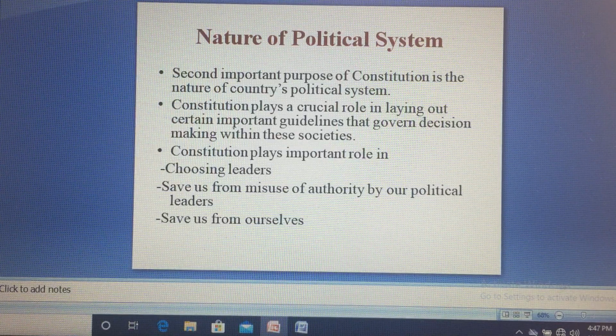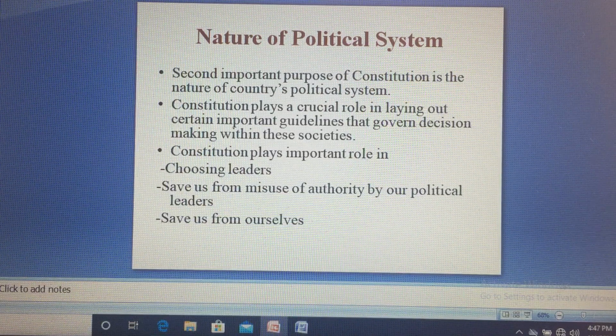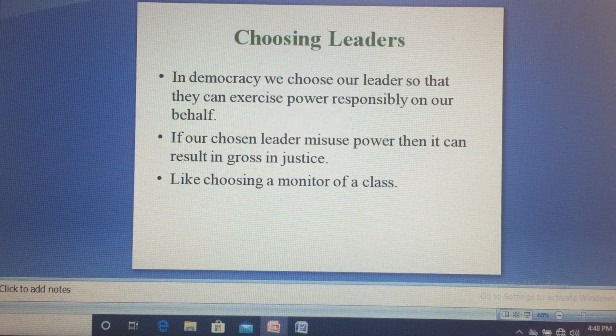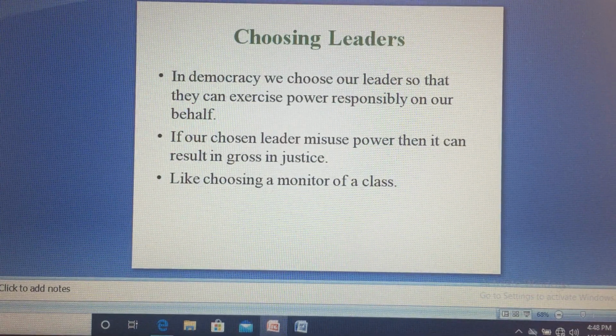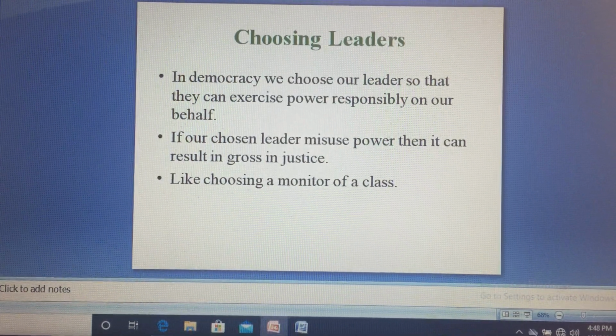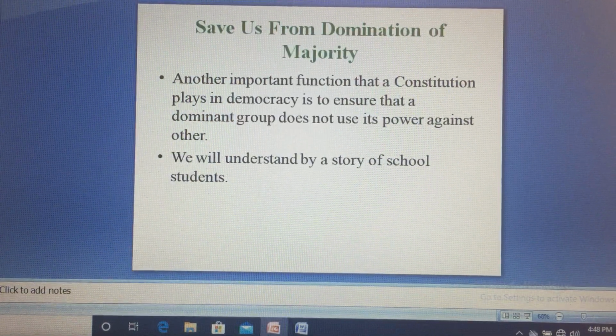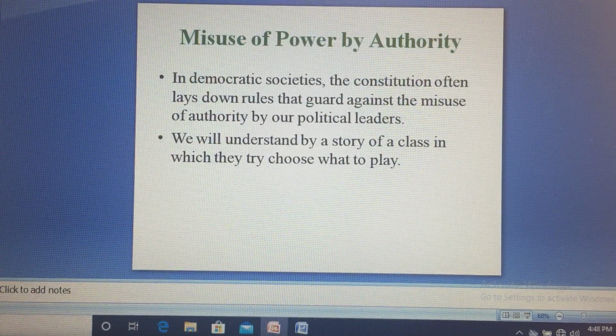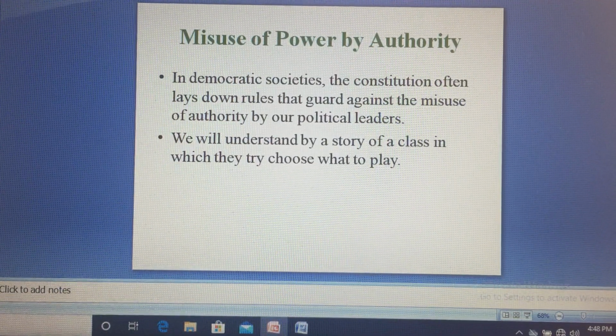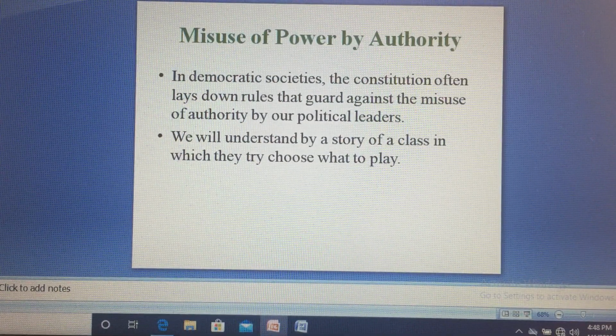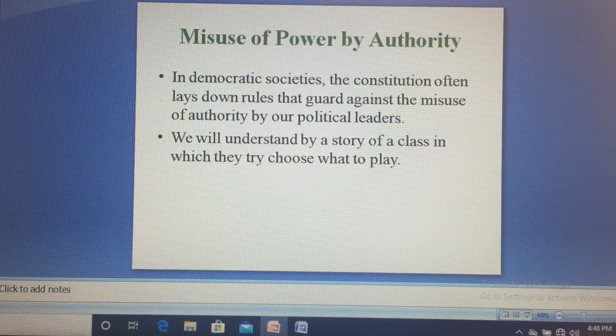Then we discussed that the main function of the constitution is to decide the political system. What is included in the political system? First is choosing the leader. We discussed how important it is, and what can happen if we choose a wrong leader, through the story of a class monitor, Suresh, who was chosen leader and misused his power.